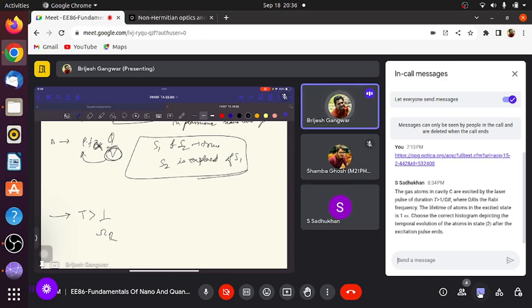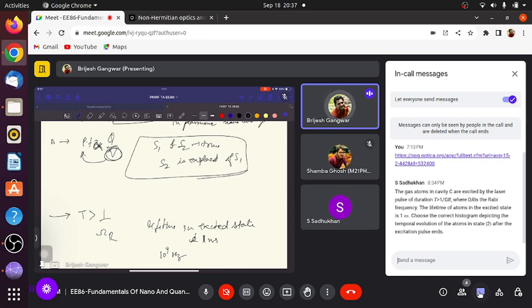T is greater than 1 upon omega r, and the lifetime in the excited state is 1 nanosecond, which corresponds to 10 to the power 9 hertz. 10 to the power 9 hertz means, what comes below giga and above mega?